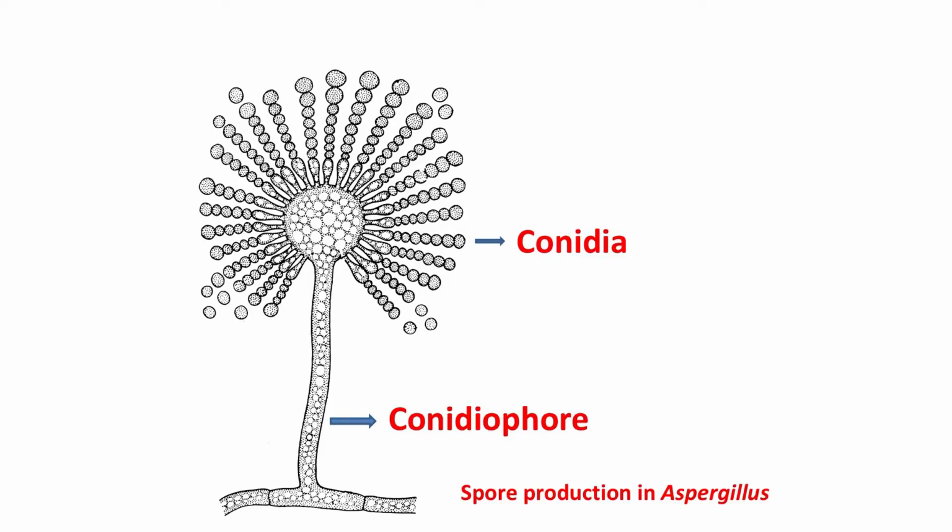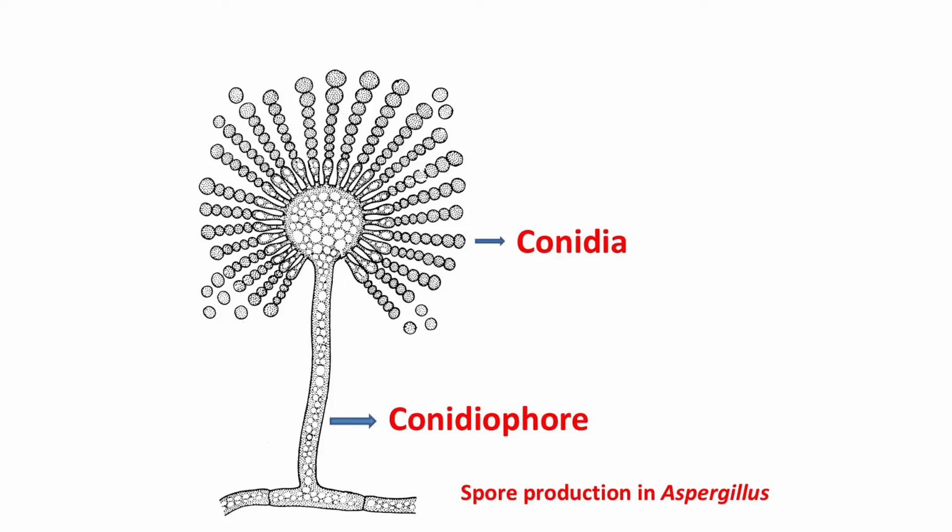Aspergillus is an Ascomycetian fungus, a sac fungus, and during asexual reproduction the horizontal vegetative hypha throws up conidiophores, and the conidiophores bulge at the tip and produce bottle-shaped sterigmata, and the sterigmata cut off conidia in chains, and the conidia in the periphery are blown away by the wind.